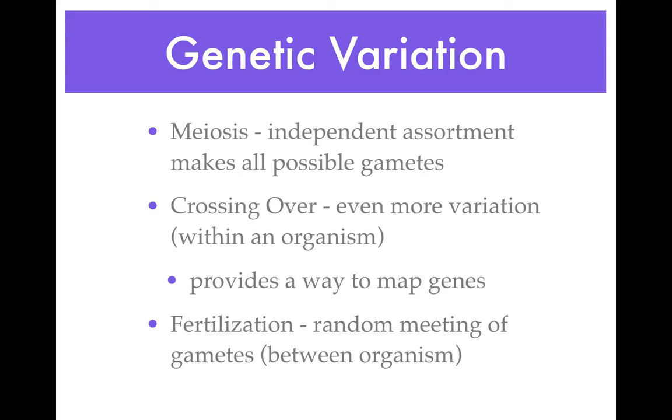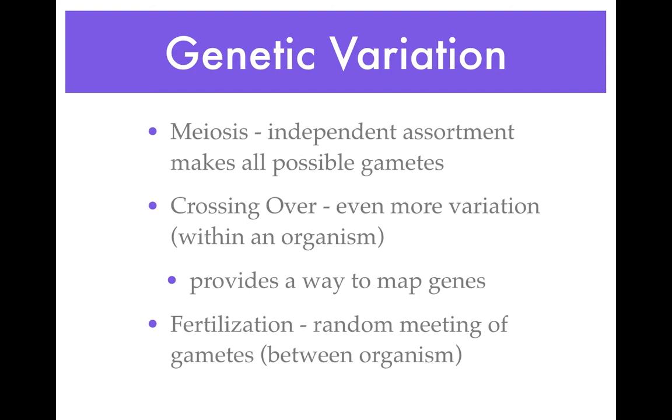But again, it's all about genetic variation. That's the take-home message from this. Meiosis allows for the independent assortment, which says you're going to make all possible gametes you can. All possible combinations of the 2 chromosomes you have for each chromosome that make up that organism. Within that possibility, you also have to add crossing over. Crossing over gives us even more variation within an organism, and it gives us a valuable research tool.